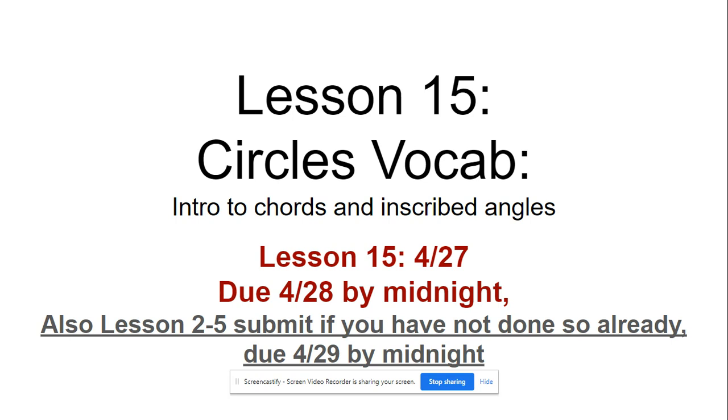Okay. And additionally, lessons 2 through 5 are reassigned. If you are missing them or have a 0, you have a chance to make them up. So please do that by Wednesday by midnight so that you can catch yourself up. I'm not assigning a lot during the week, so for those who were slacking in the beginning of the online learning, or just weren't used to it or struggled, please make up those lessons.